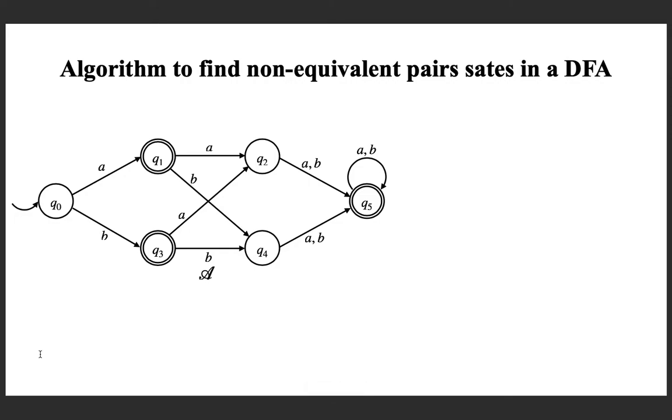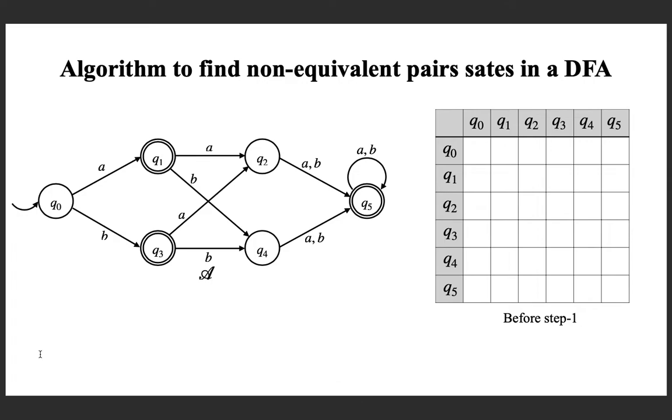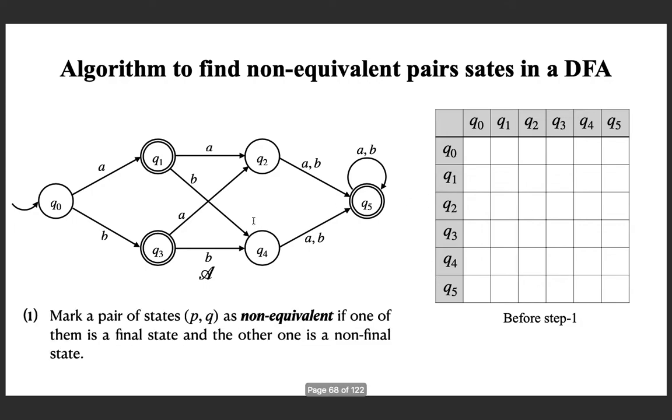We can try to apply this algorithm. In the algorithm you are basically trying to mark pairs of states in this table. These are the 36 pairs of states. If you look at the first step in the algorithm, it says mark a pair if one of them is final and the other one is non-final.